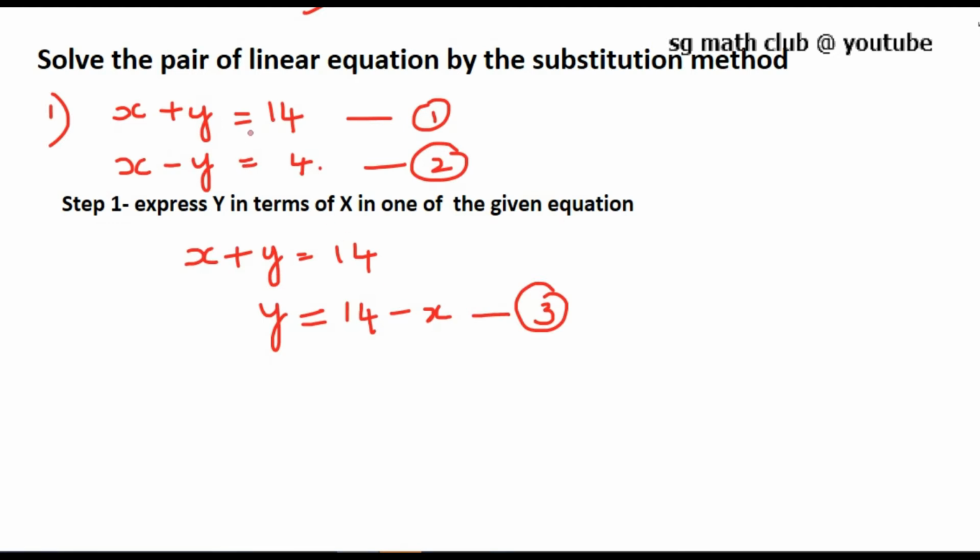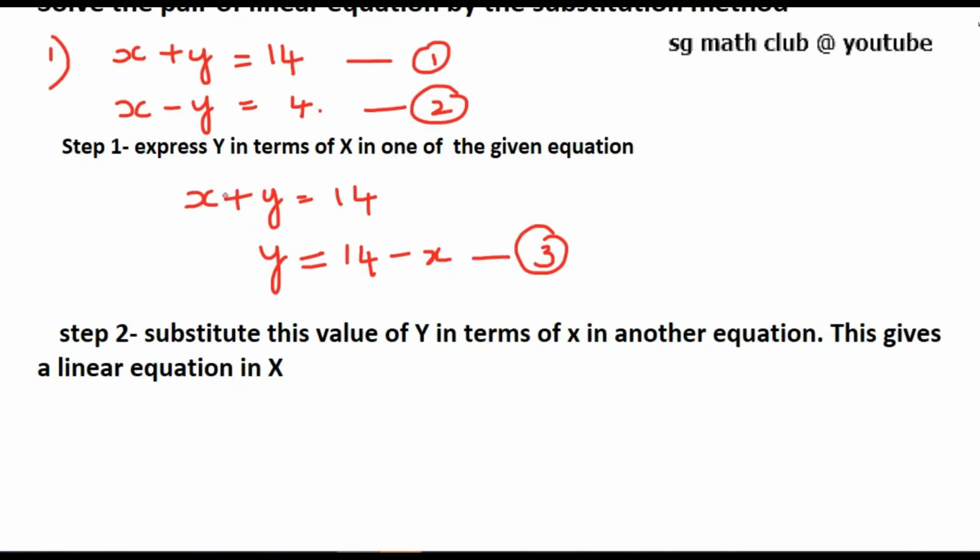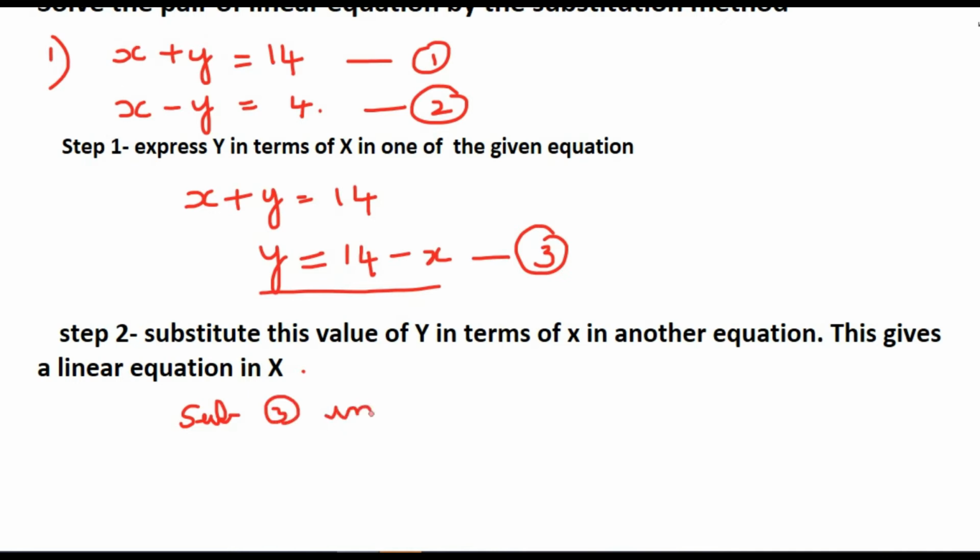You can choose either the first equation or the second equation; you will get the same answer. I have chosen the first equation. Now step 2: substitute this value of y in terms of x in another equation. This will give you a linear equation in x. Now I am going to substitute this y in the second equation, that means substitute 3 in 2. Our second equation is x minus y equal to 4.